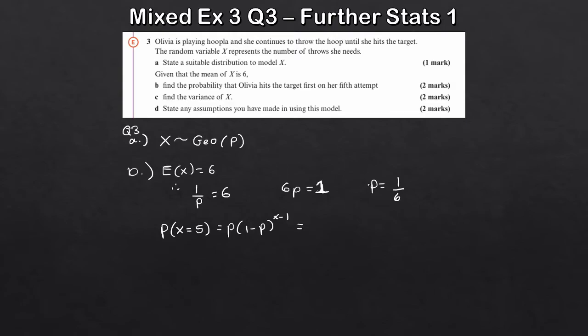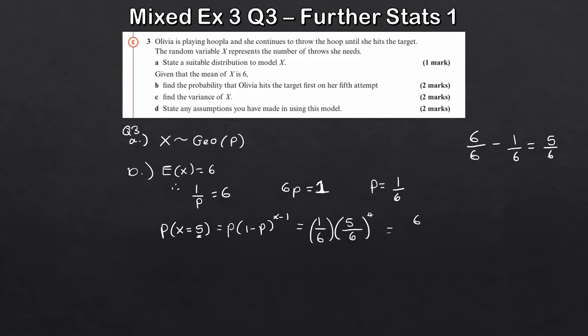P in this question is 1 over 6, so that's 1 over 6 in a bracket, times another bracket, 1 minus P. 1 minus 1 over 6 is the same as 6 over 6 minus 1 over 6, which gives me 5 over 6. So that's 5 over 6 to the power of x minus 1. And x is 5, so it's 5 minus 1, which is 4. Okay, so that's all my working.